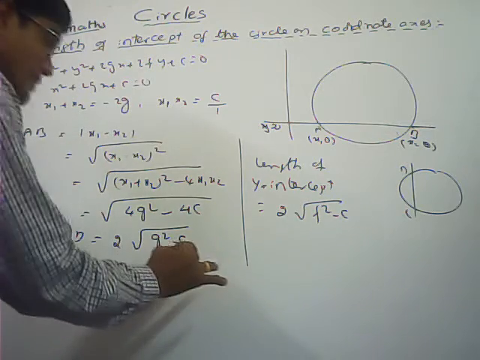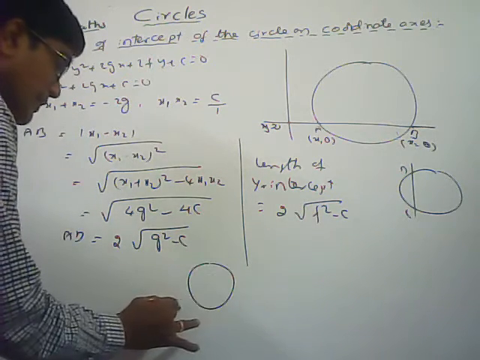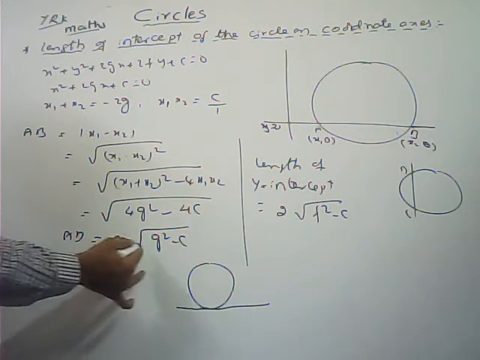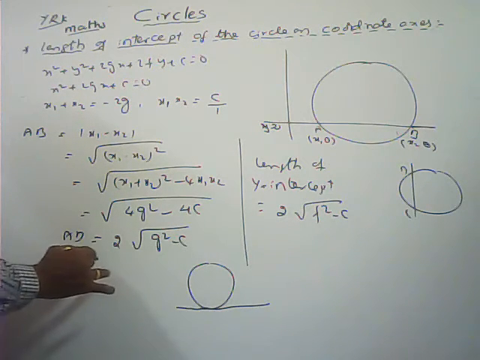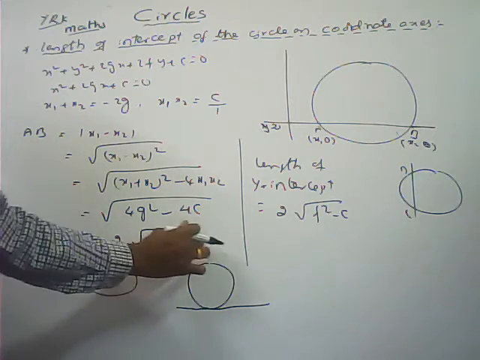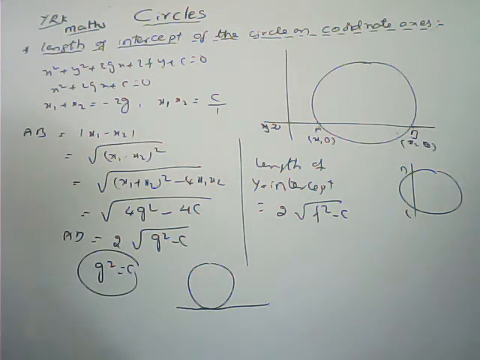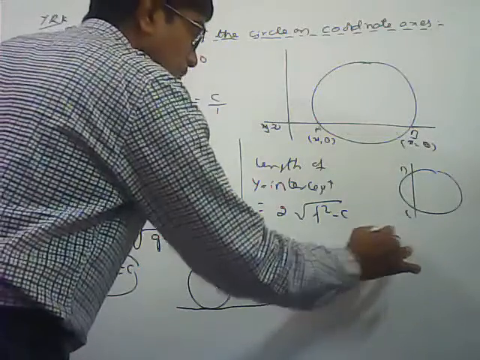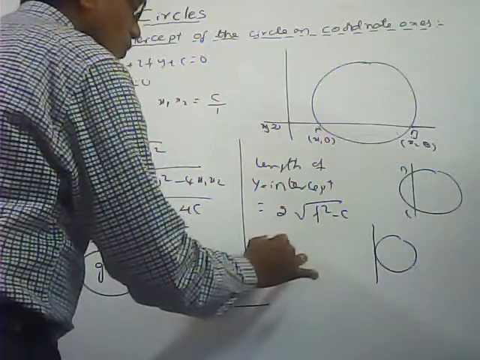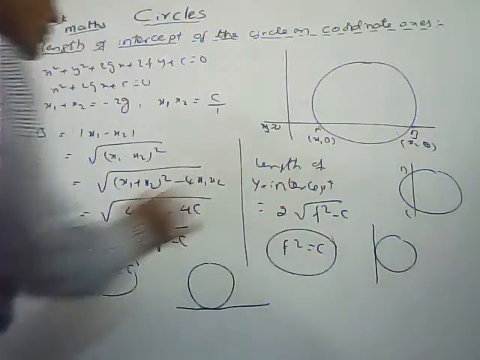And if a circle touches the x-axis, the length of the intercept should be equal to 0, then we get g square equals to c. If I equate this to 0, we get g square equals to c. And if a circle touches the y-axis, the length of the intercept should be equal to 0, here we get f square equals to c.